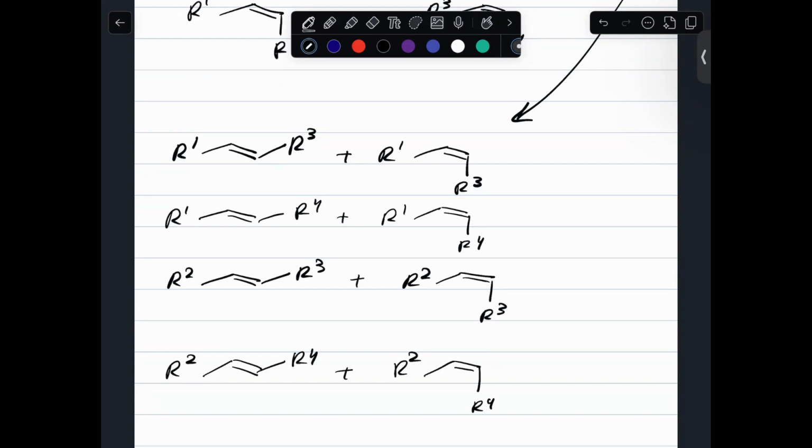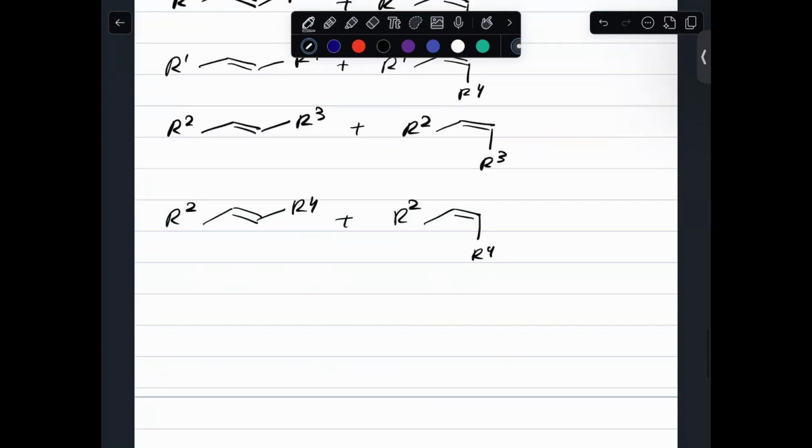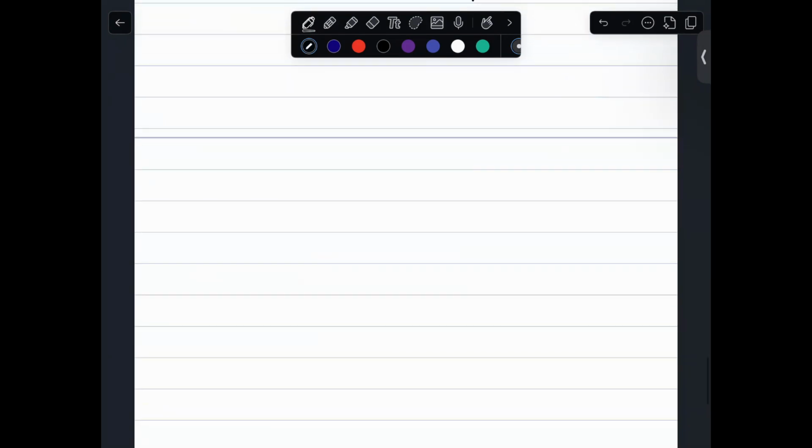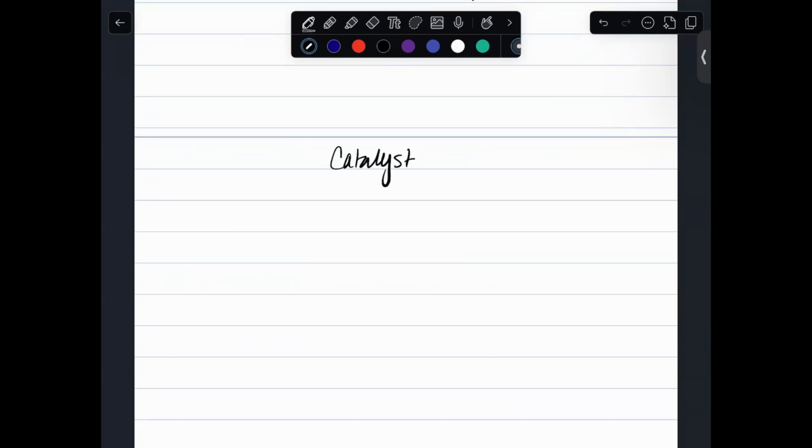But before I start off with them, let me talk a little bit about the catalyst, and the contributions that Schrock made and contributions that Grubbs made as well. Again, Schrock was initially the one who discovered this reaction.